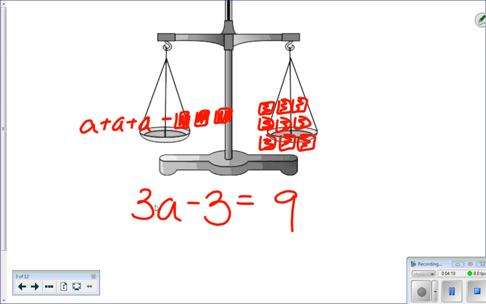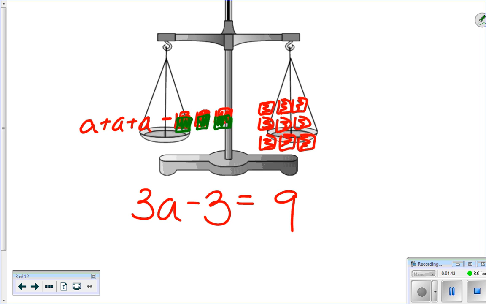So remember, if I'm minusing 3, what do I need to do to cancel them out again? If I'm minusing, I got to add 3. Remember, to cancel out, it's like a negative 1. What do I have to do to cancel out a negative 1? Add 1 to it, right? So that's why I'm going to add 3 here, because then it cancels out.